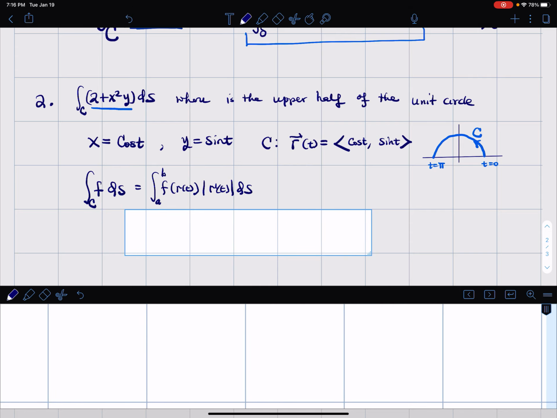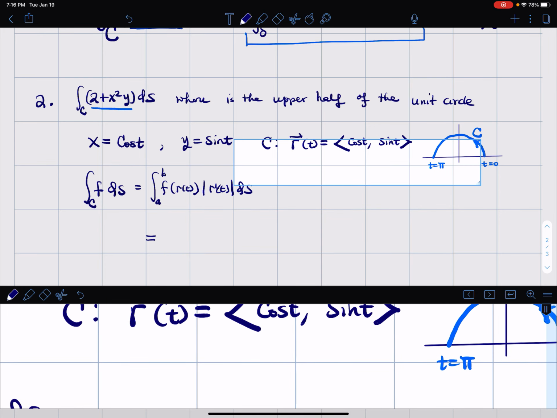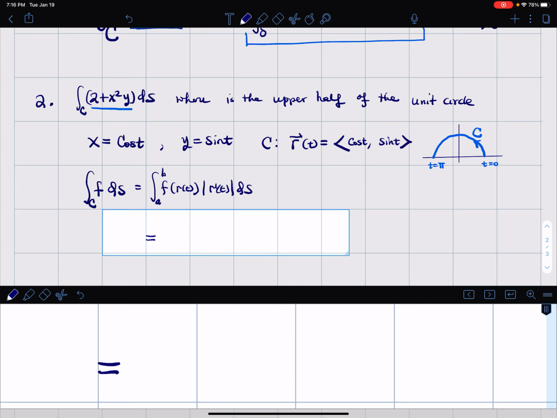All right. I will let you calculate the magnitude of r prime of t. I'll let you calculate it, but the magnitude of r prime of t is actually 1, but I'll let you figure it out yourself. All right. So f of r of t is to just plug in cosine t for x and sine t for y in the function.